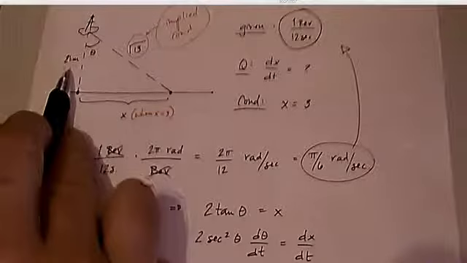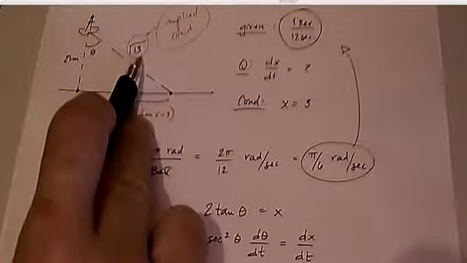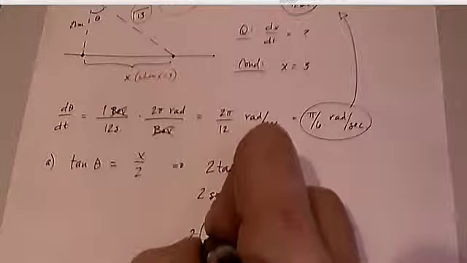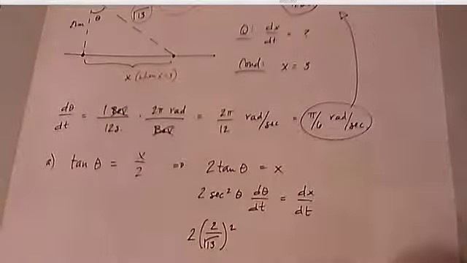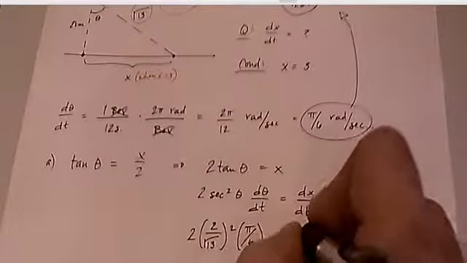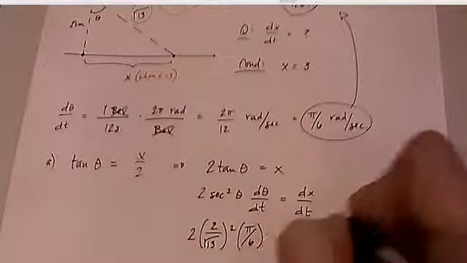Okay, so what I need is adjacent over hypotenuse squared. So 2 over root 13 squared, and then d theta dt is pi over 6, and that should be dx dt.